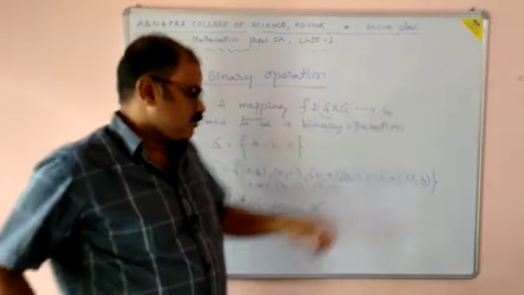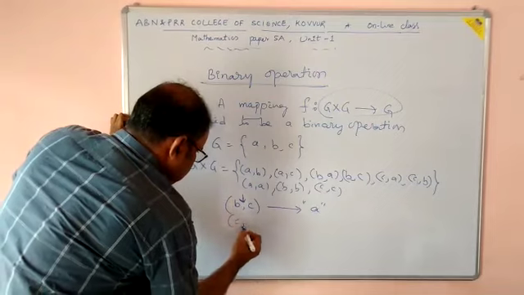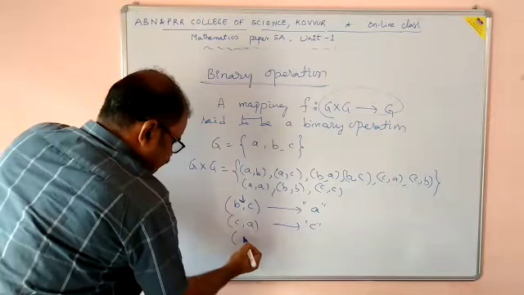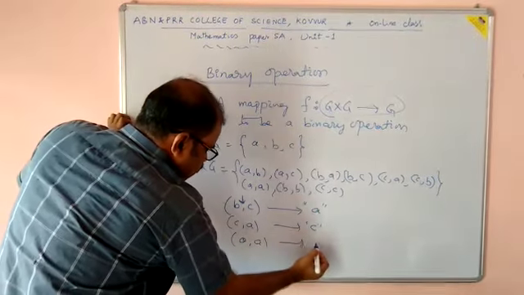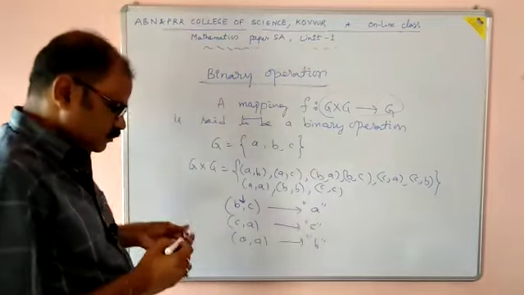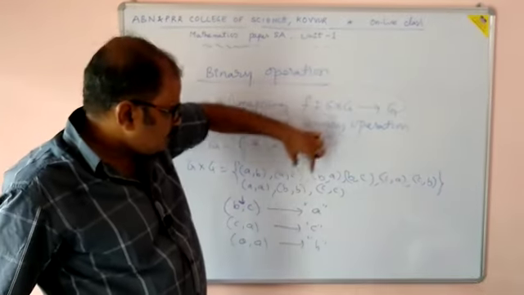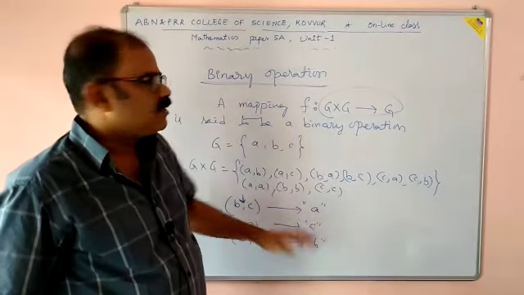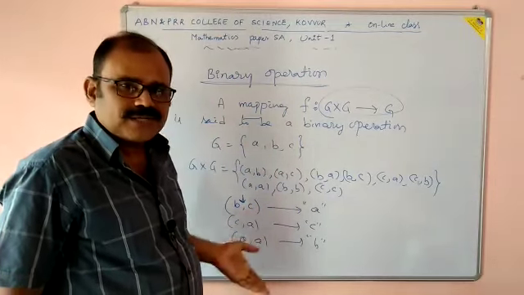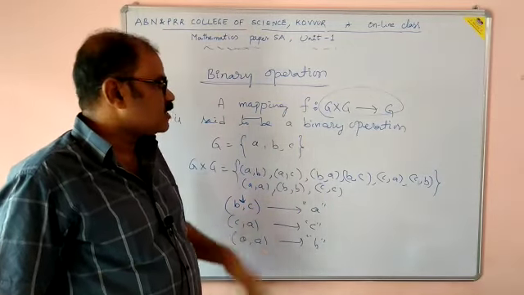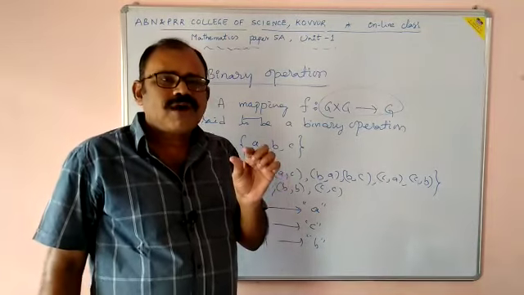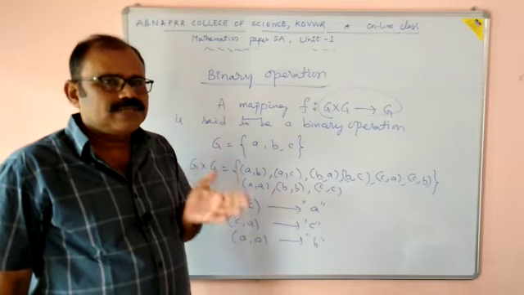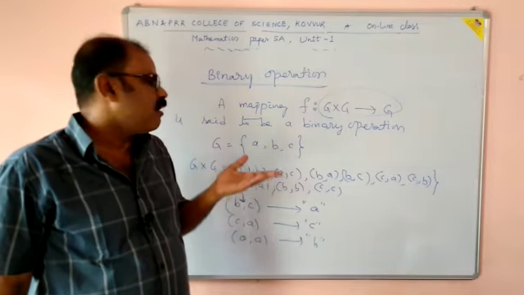That is a mapping from G cross G to G. AA is mapped to some element, maybe B, like that. You pick up a pair of elements, perform an operation between these two, and you will get a single element, which is said to be a binary operation. In simple words, an operation performed between two elements is said to be a binary operation.